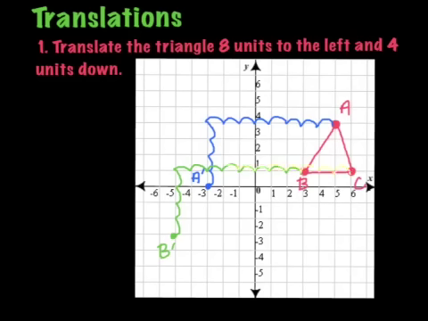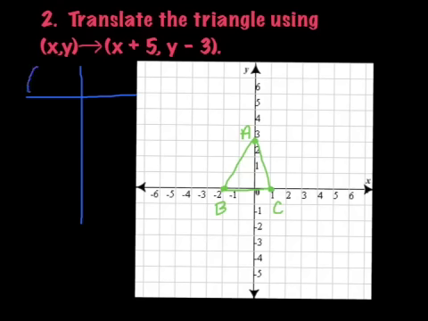All right, problem 2. Translate this triangle using this rule. Well, you could do it the way we did the last problem, but I'm going to show you a different technique. Okay, so let's make a little chart here. In the first column, we're going to put our pre-image coordinates.